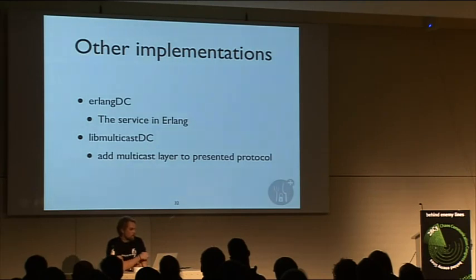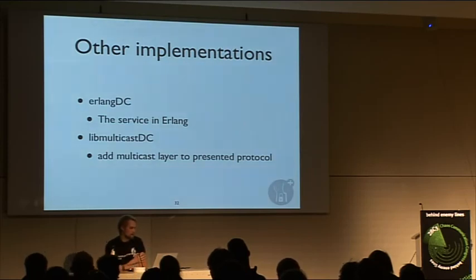I also did some other implementations, which is Erlang DC. It's the same, but in Erlang, as I'm a big fan of Erlang, and it's maybe less scientific and more hackable and more suited for this kind of problem.